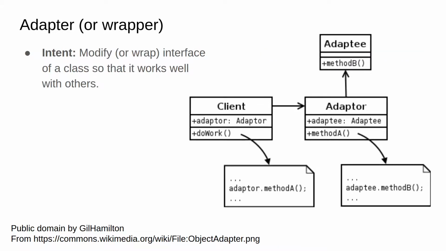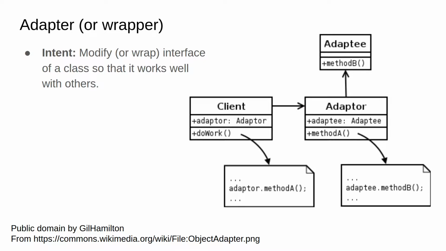All right, I'm going to go really quickly through the adapter pattern. I'm not going to show you the code even. In the adapter pattern, you have a client that would like to use something, but it has a particular API that it's familiar with.